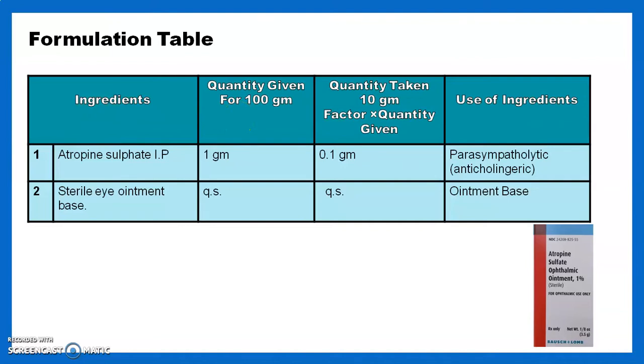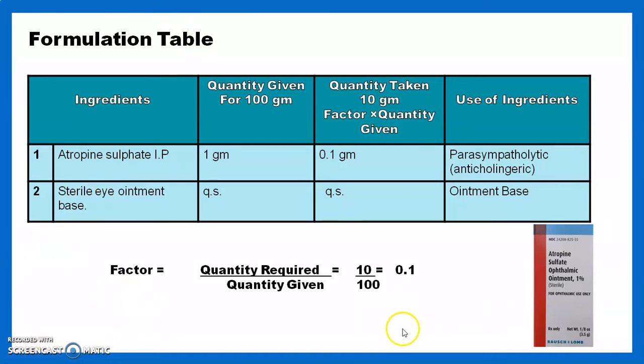The ingredients required for atropine sulphate ointment are atropine sulphate IP 1 gram and sterile ointment base, quantity sufficient for 100 grams. But today we only prepare 10 grams. For that purpose we calculate the factor. Factor is calculated by quantity required upon quantity given.